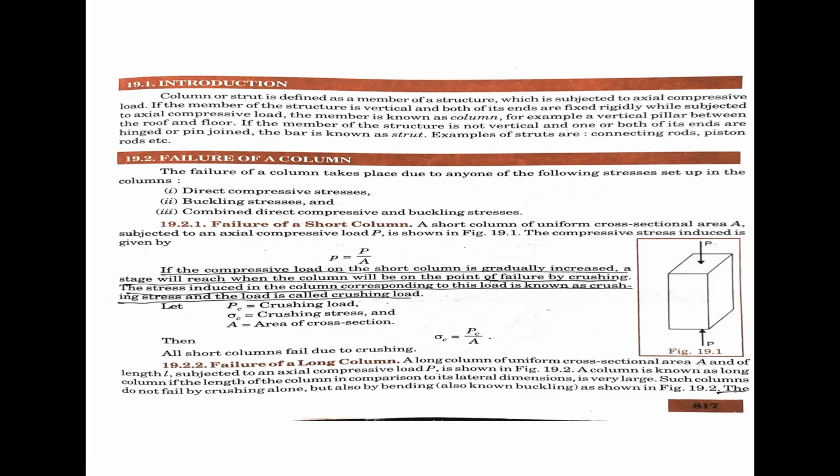Take a long column. A long column of uniform cross-sectional area capital A and of length small l, subject to an axial compressive load P, is shown in figure 9.2. A column is known as a long column if the length of the column in comparison to its lateral dimensions is very large.